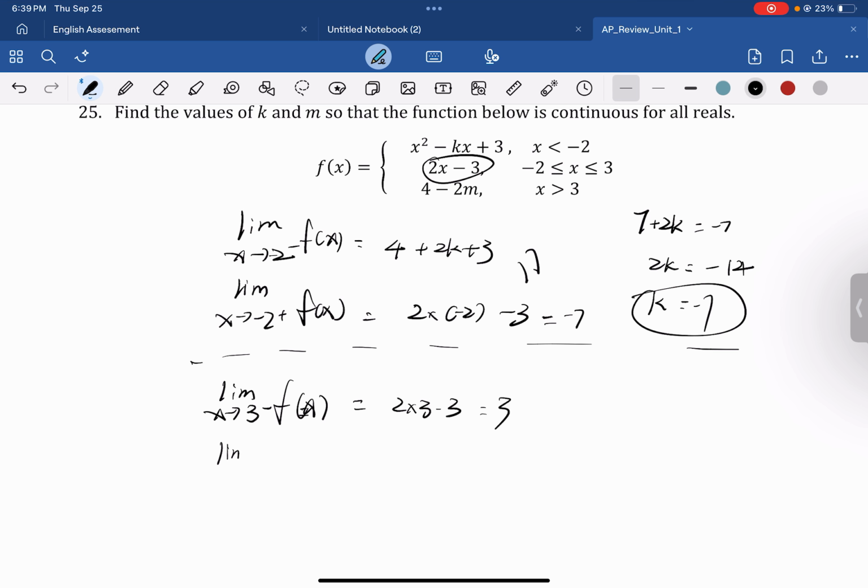And the limit as x approaches 3 from the right-hand side goes to the last function, 4 minus 2m. Basically there's no x in the function, so we just write it as 4 minus 2m. So 3 should be equal to 4 minus 2m, because m is the value that makes the function continuous at 3. So -1 equals -2m, m is a half.